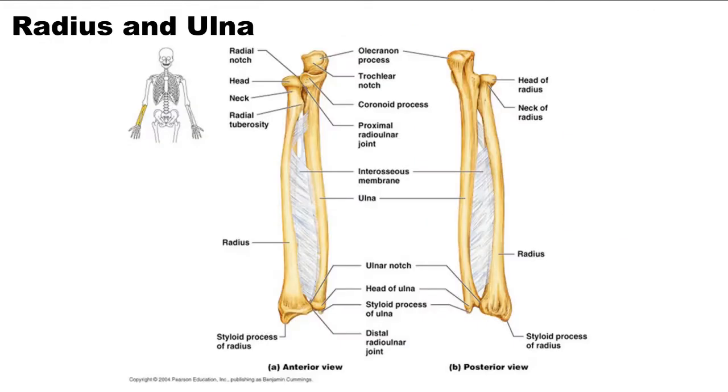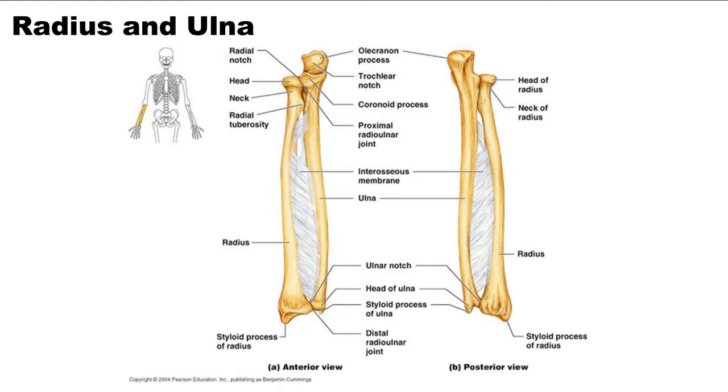The two bones that make up our forearm are the radius and ulna. The radius is lateral in anatomical position, and the ulna is medial in anatomical position. This is the ulna. The ulna has the olecranon process.